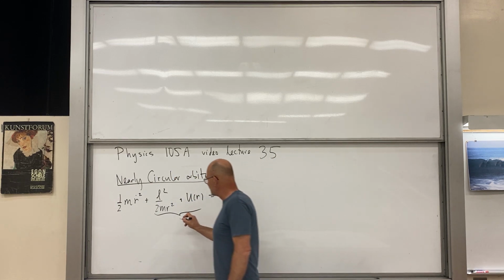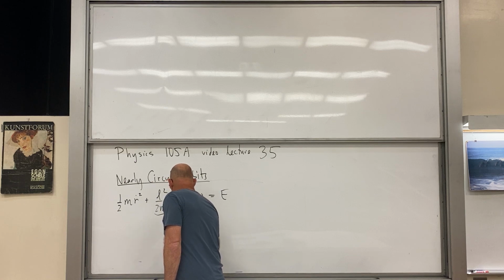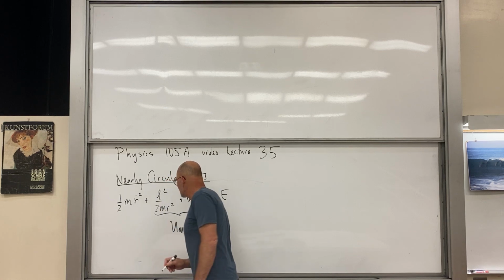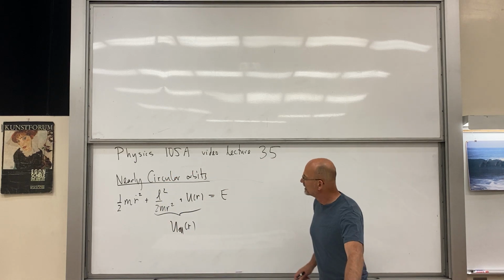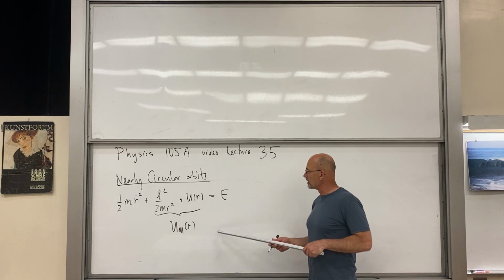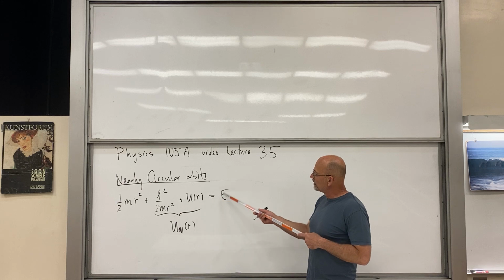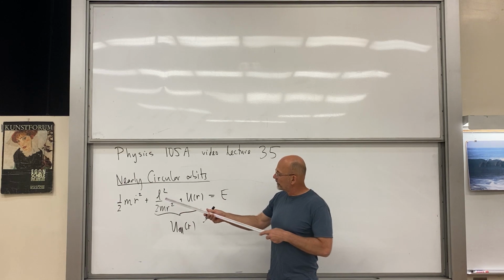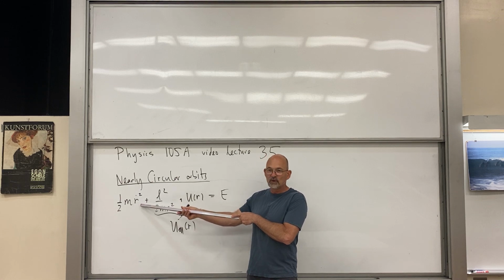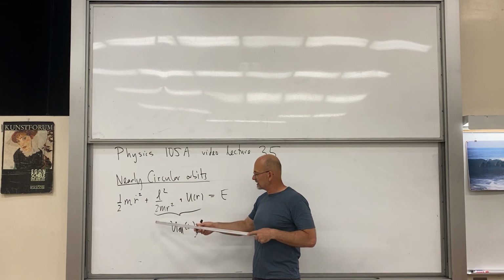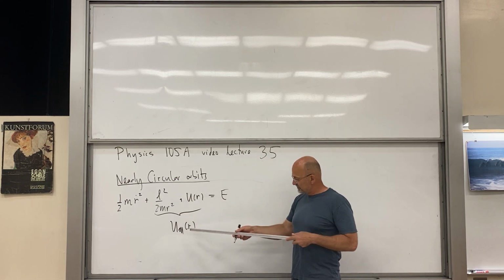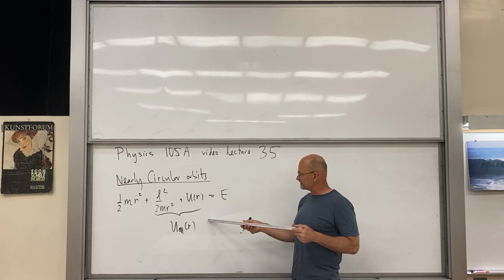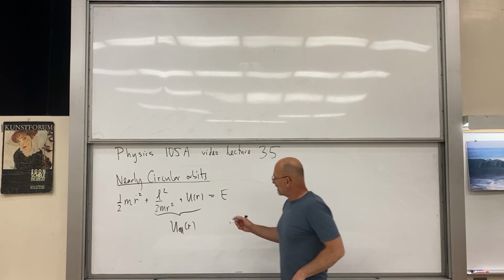We call this the effective potential, because we effectively have a 1 degree of freedom problem. And we can see, for example, if we had a circular orbit, then r dot would be 0. And we could just analyze the effective potential as we did last time.